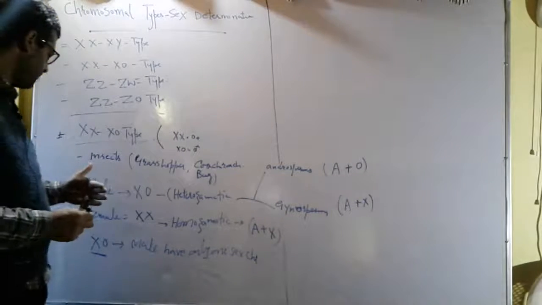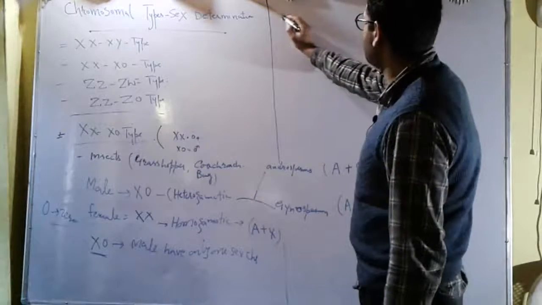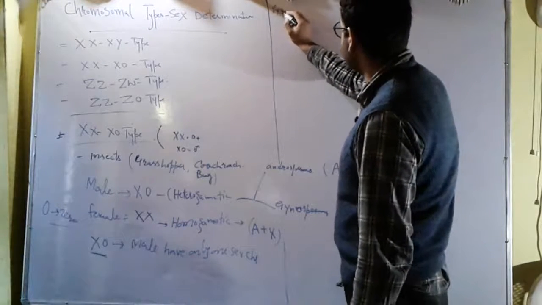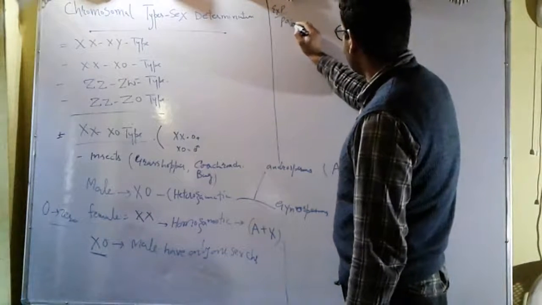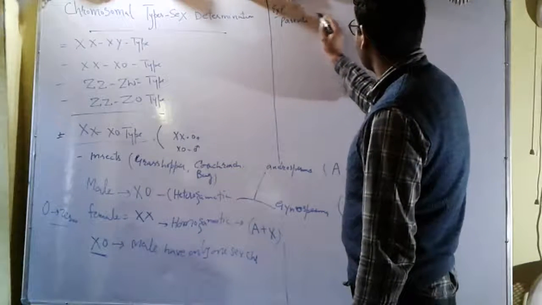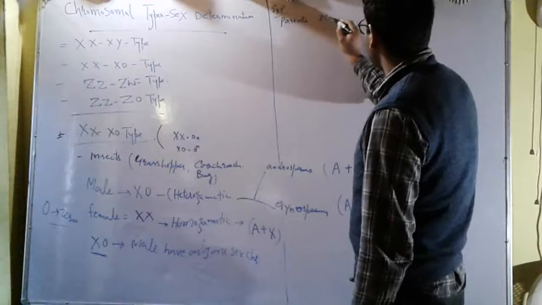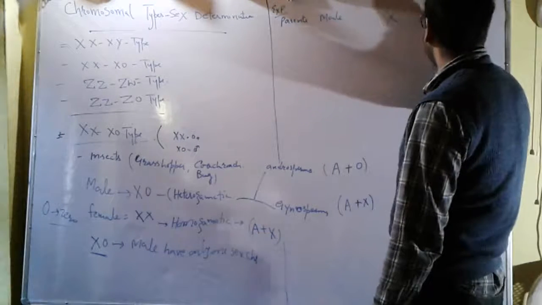Then how can we explain this? We have parents, male, which will be crossed with female.